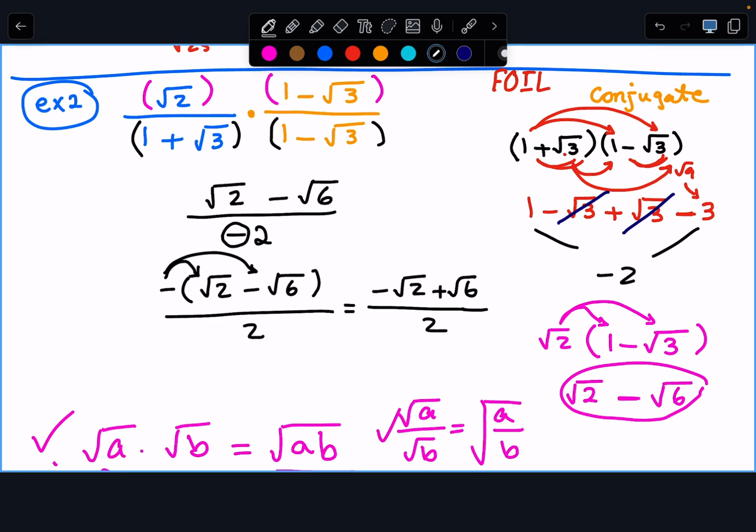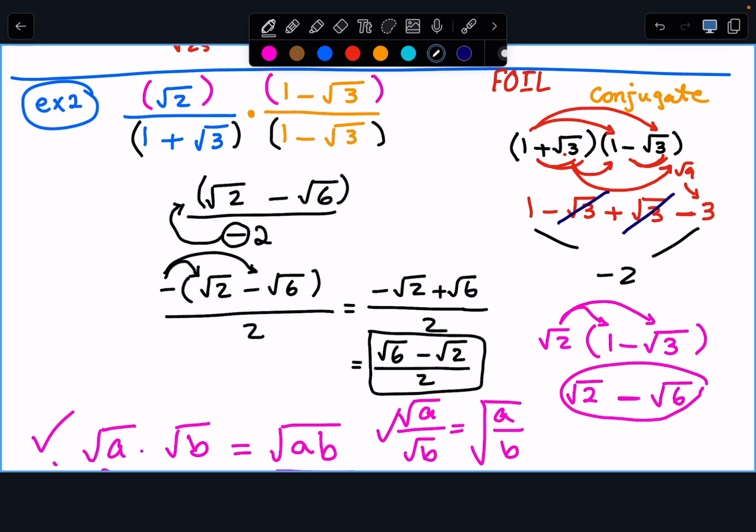It's not because you took out the negative; I brought this negative from the bottom to the top. Instead of having the negative in the denominator, let's just distribute it in the numerator. Then I turned the positive radical 2 into negative radical 2 and radical 6. And someone might say, I like to rearrange them, that radical 6 that is positive to be first, and radical 2 that is negative to be next.